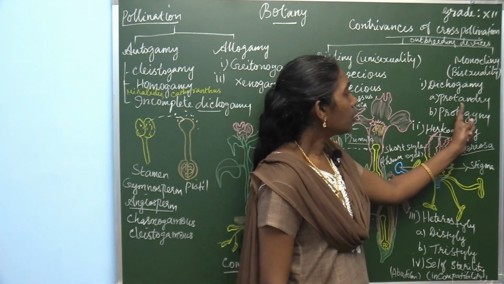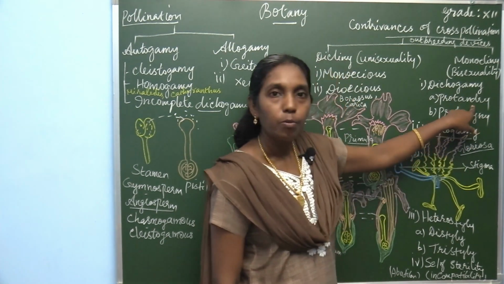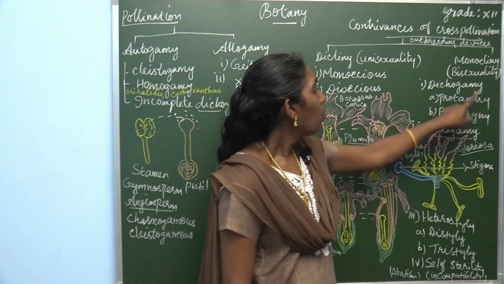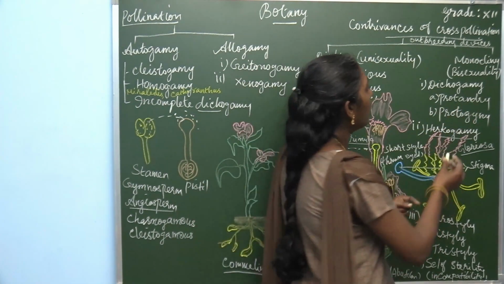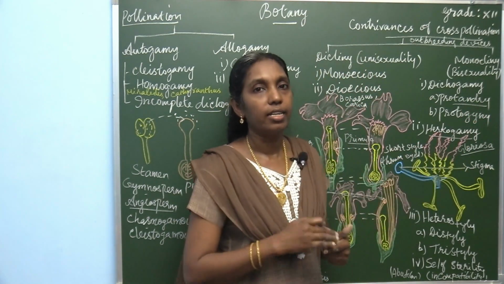What is meant by protandry? Protandry is the condition where the androecium matures earlier than the gynoecium.